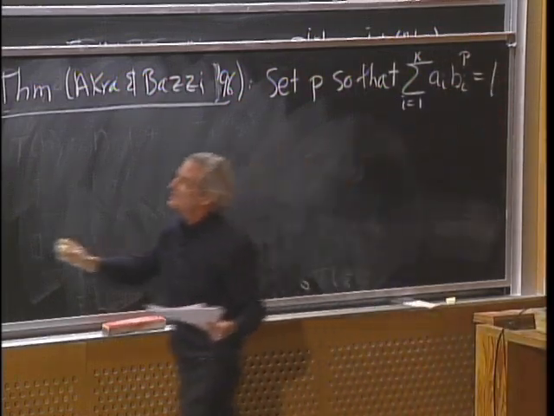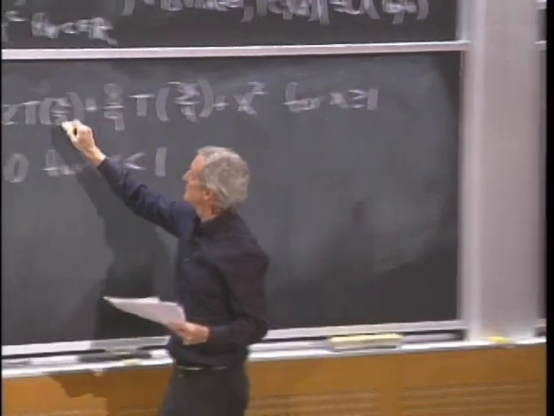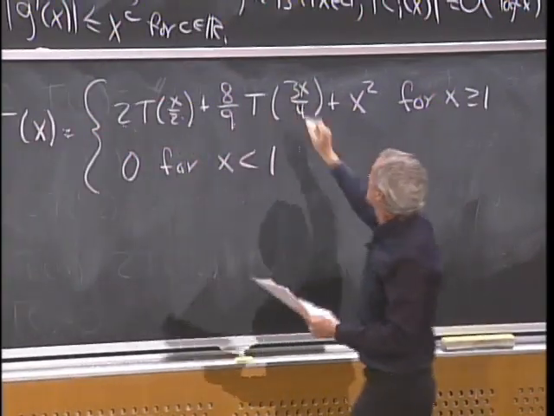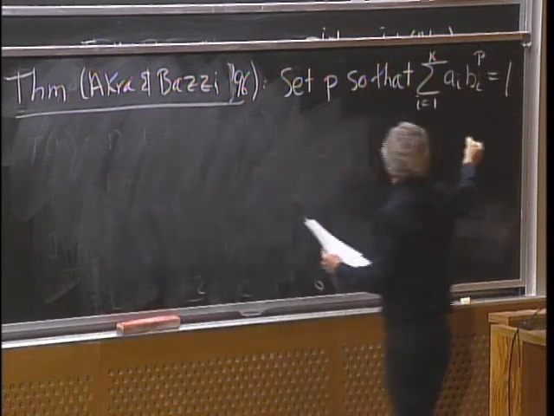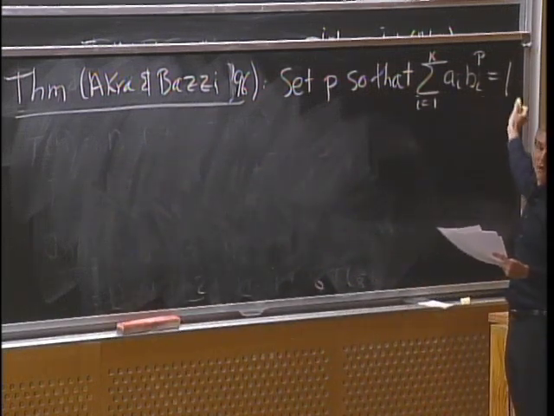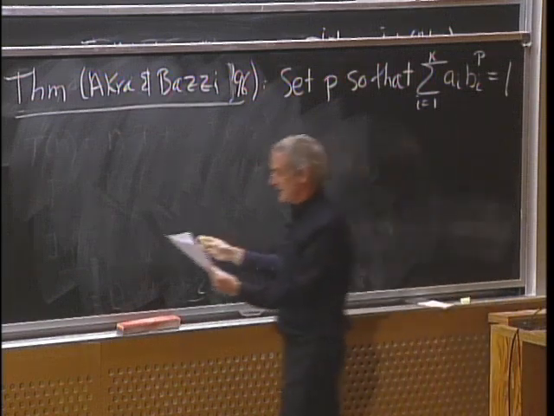So the a_i are these things here, the b_i are the fractions here. Find a p such that this sum is 1. Then the answer is this.